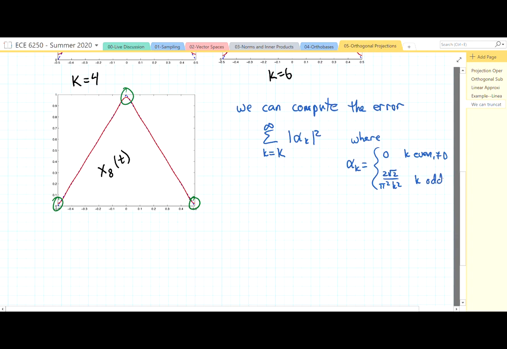Okay, so we can see that the approximation is pretty good. And why is that? It's because this gets small quickly as k increases.